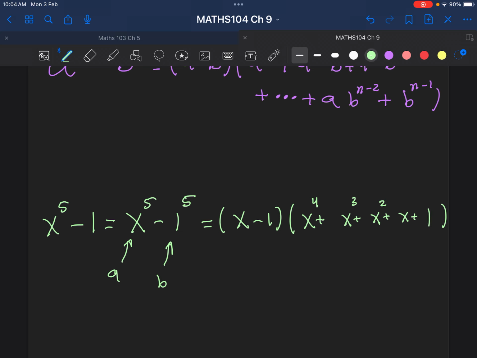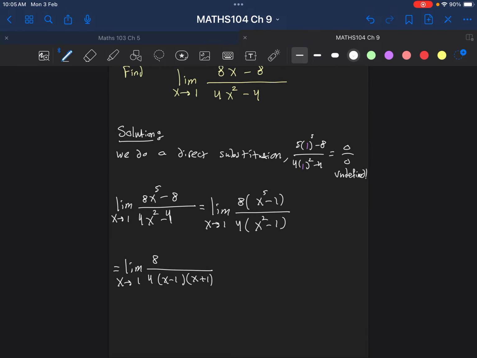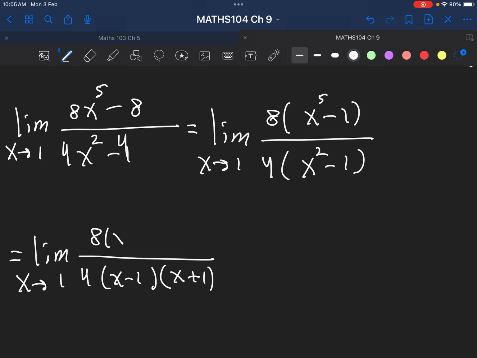So here we'll have just 1, and that will be the formula. Remember, here I put 1 to the power 4, here 1 to the power 3, here 1 to the power 2, and here 1 to the power 1. But this doesn't show in your question, so that will be the factoring of it. So here we get x minus 1 times x^4 plus x^3 plus x^2 plus x plus 1.